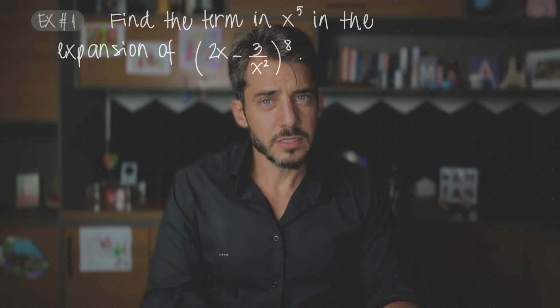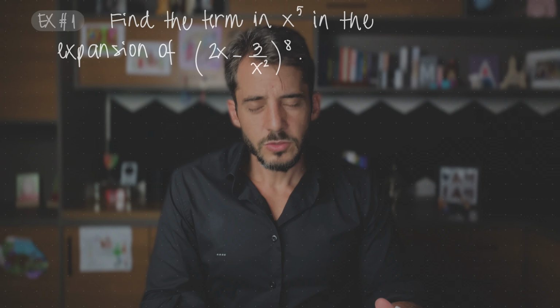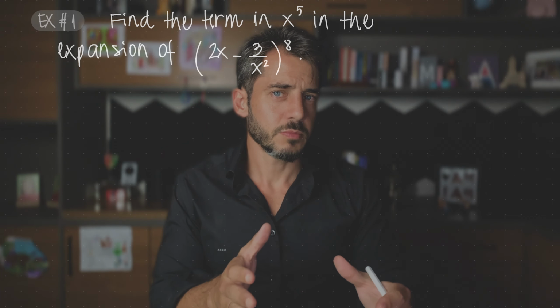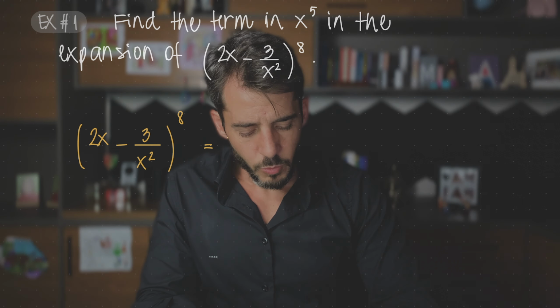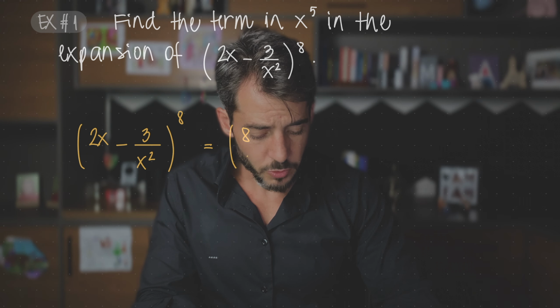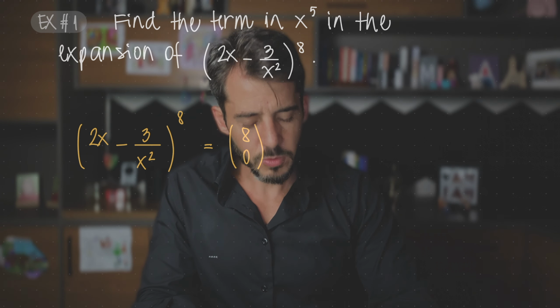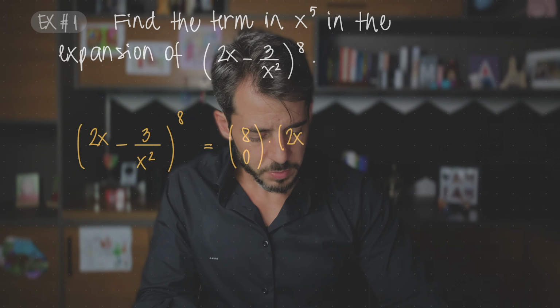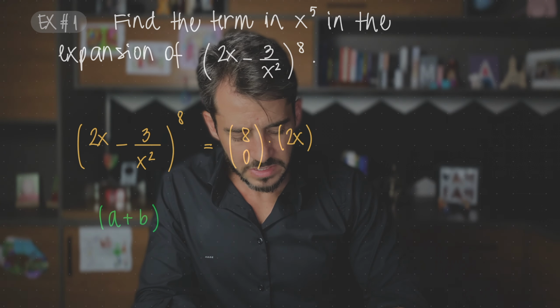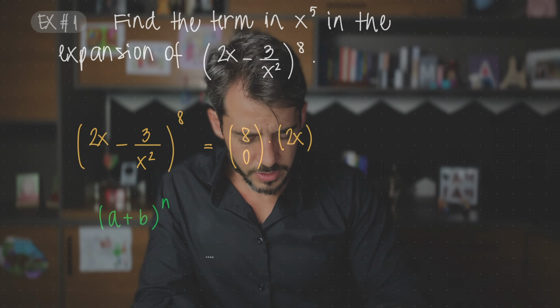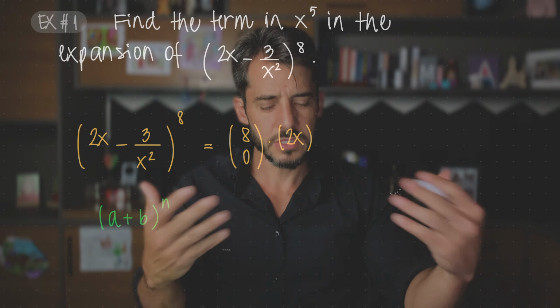It's not a sophisticated process. A better idea is to realize or to understand how each term is created. When you're expanding (2x - 3/x²) to the power of 8, we will have the binomial coefficients from the 8th row of Pascal's triangle multiplied by a. And what do I mean by a? I'm referencing a general binomial expansion, (a + b) to the nth power.